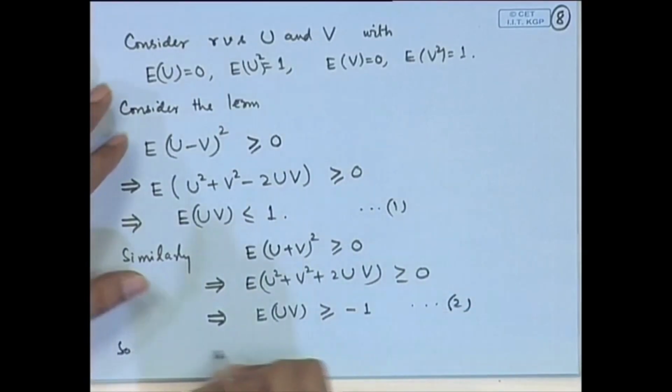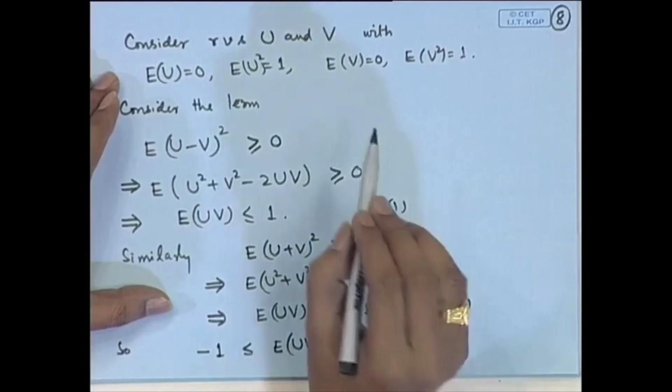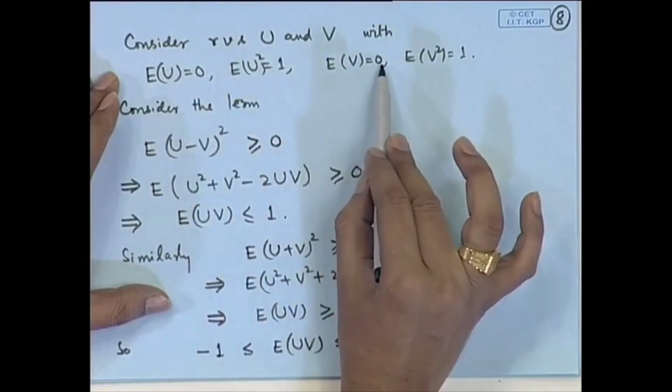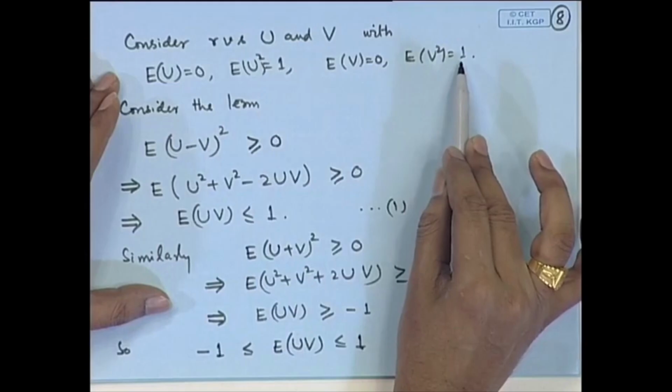So, we have got that expectation of U into V lies between plus 1 and minus 1, provided expectation of U and expectation of V is 0 and expectation of U square and expectation of V square is 1.